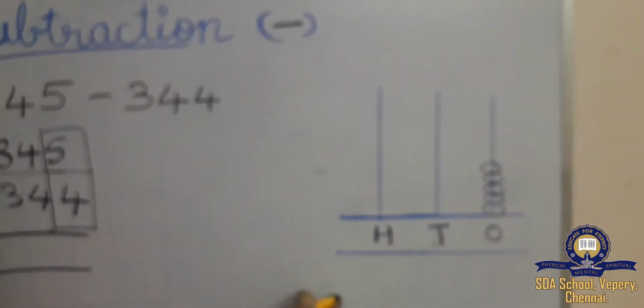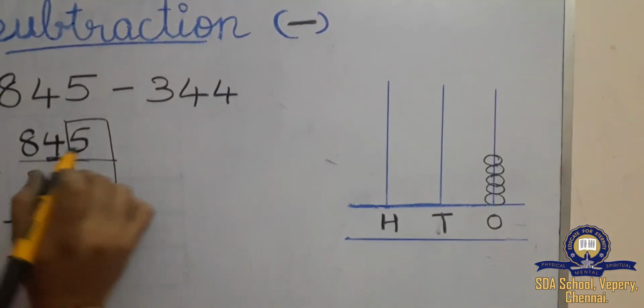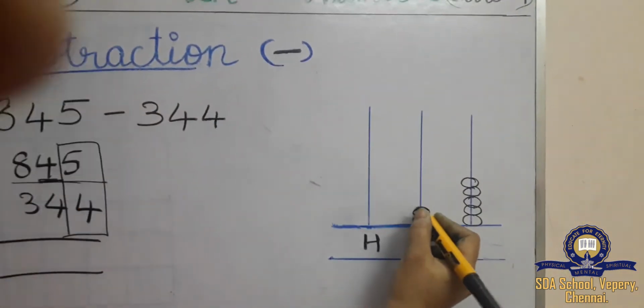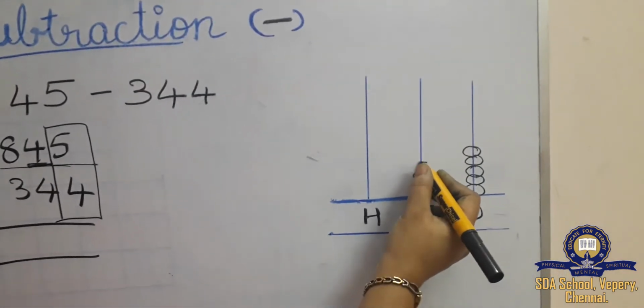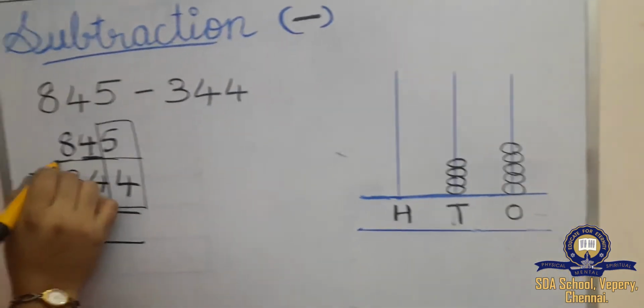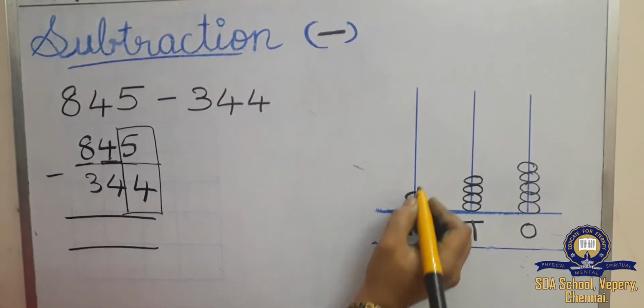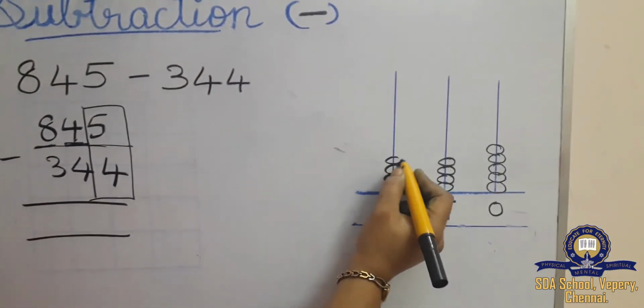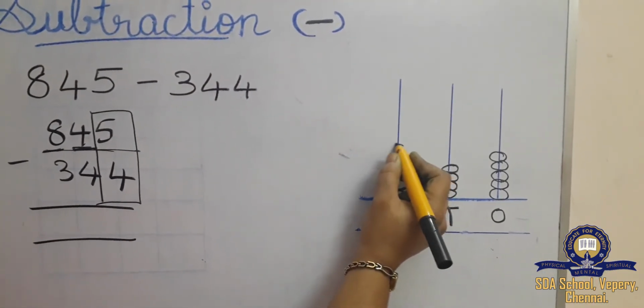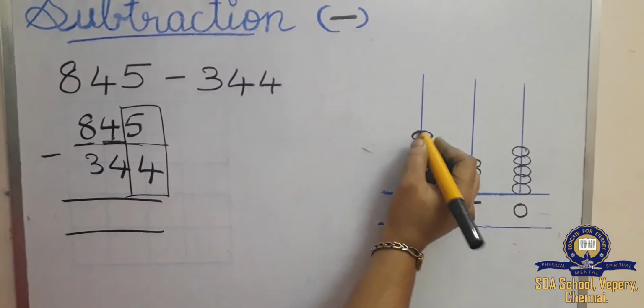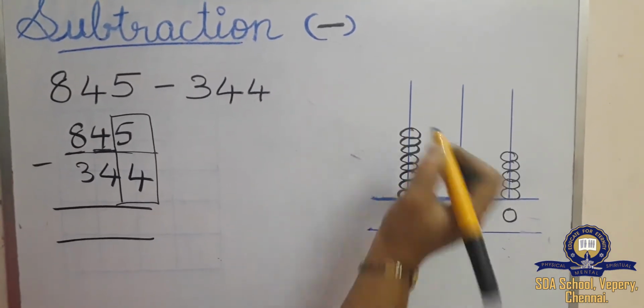What is the next one? The next one is 4, in the tens place: 1, 2, 3, 4. Next 8: so here 1, 2, 3, 4, 5, 6, 7 and 8.